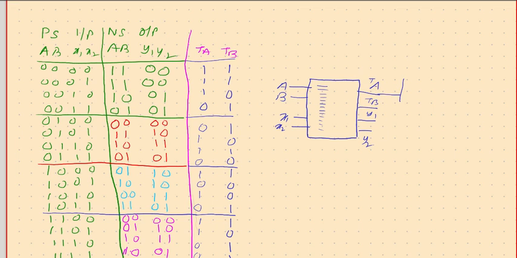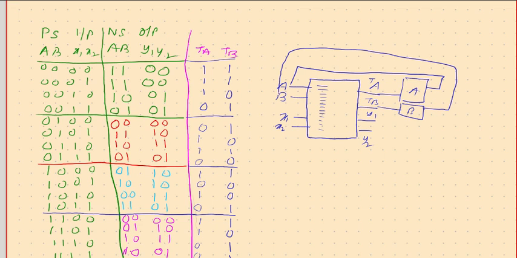This TA goes to flip-flop A as the T input, and TB goes to flip-flop B as the T input, and the outputs are fed back here. These two flip-flops are provided with the clock, and these two are the outputs.